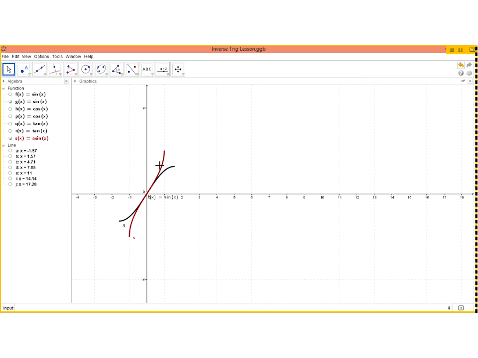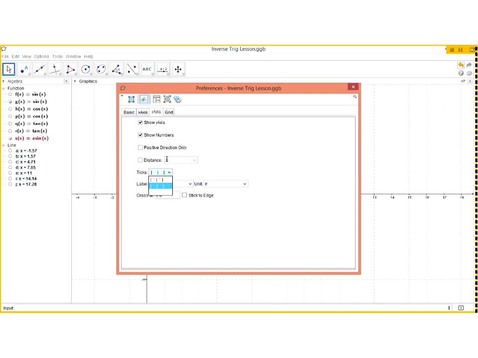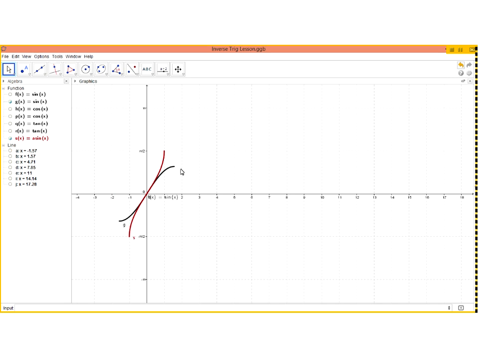Okay, and so we see that this is about halfway between 0 and pi, and it's right on 1. So x equals 1, y equals π/2. And then x equals -1, y equals -π/2. There we go, π/2. Now we can see it.